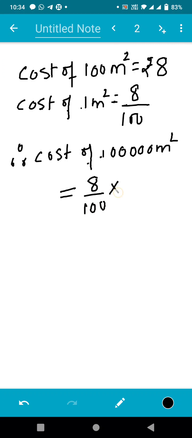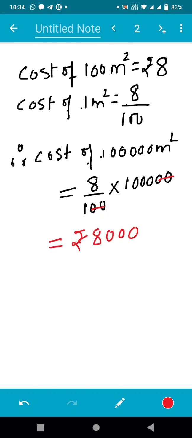When it is more, then we have to multiply. Now simply we have to reduce it. So let's reduce these 2 zeros. So our final answer would be what? Our final answer would be rupees 8,000. Okay, so this is the solution of question number 5.